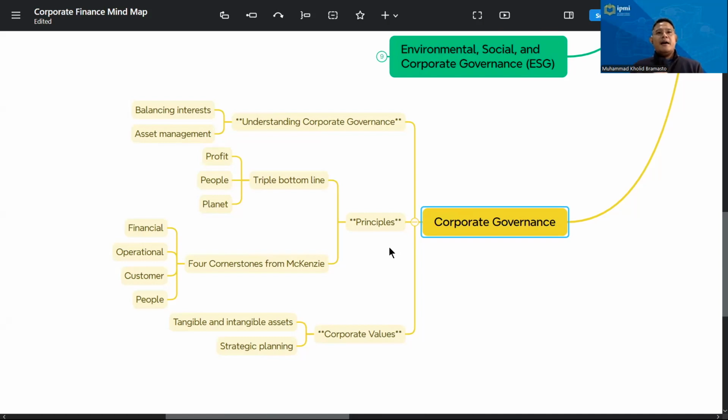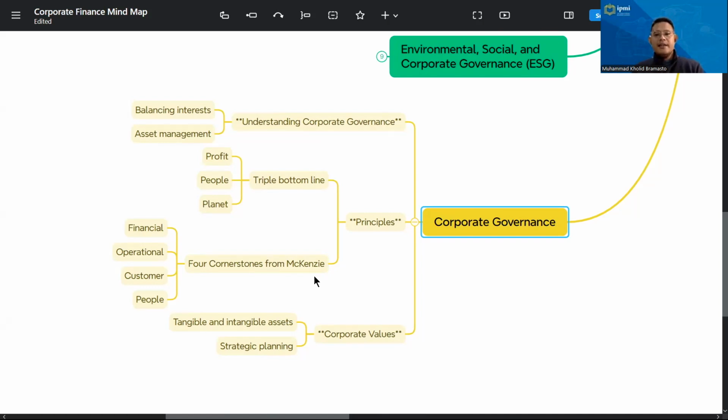And then four cornerstones from McKinsey, which guide sustainable business growth with strong financial performance and profitability, operations, efficient and effective operation, customers, excellence in customer service and satisfaction, people, engaged and motivated employees.